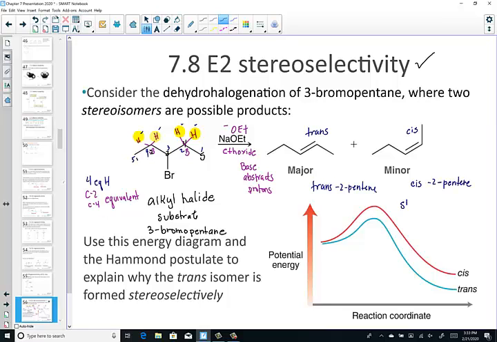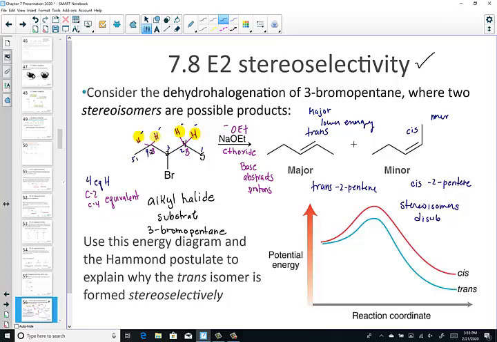Now, in terms of predicting major and minor product, it's not proper to say Zaitsev and Hofmann because they are both disubstituted, but the trans configuration would be the major product. As we studied, trans is of lower energy than the cis configuration due to steric hindrance.